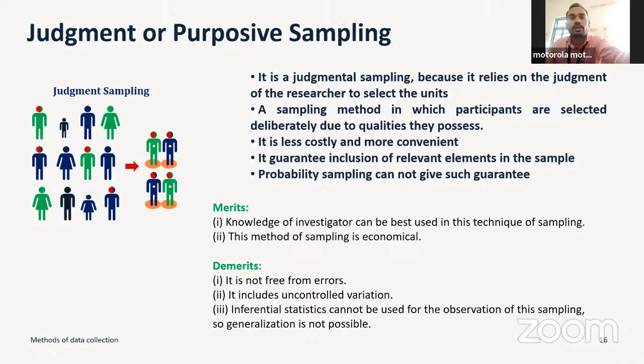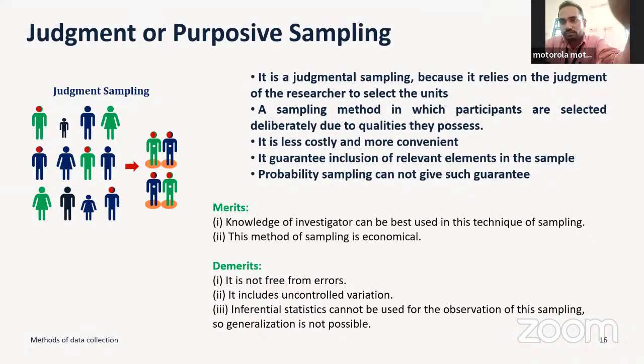Well, so judgment or purposive sampling. You can see the picture. We have selected the sample based on some characteristics that are deliberately selected. Those characteristics, or the factors, are decided by the researcher. So deliberately selecting the sample, applying the knowledge of the researcher, produces a non-representative sample.